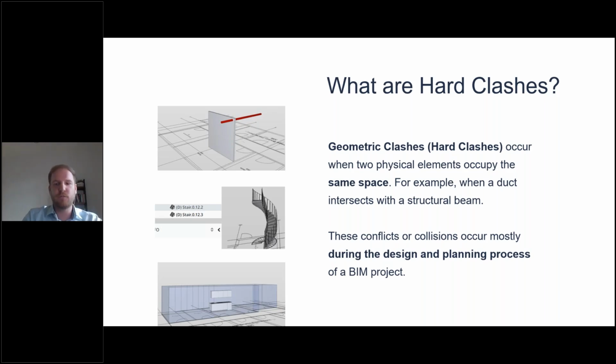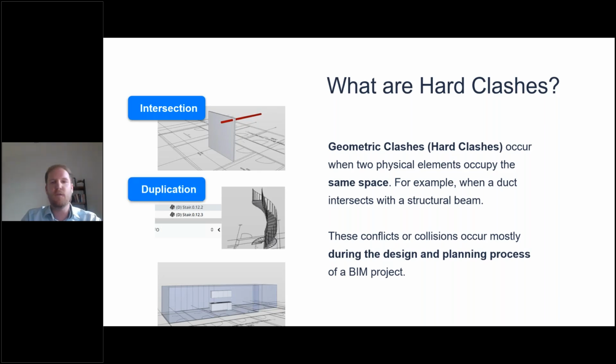At Solibri, we differentiate between three categories of hard clashes. One is the intersection clash, which I already mentioned, duct versus wall for example. Then we have the duplicate, which occurs when a component exists twice in the same location.